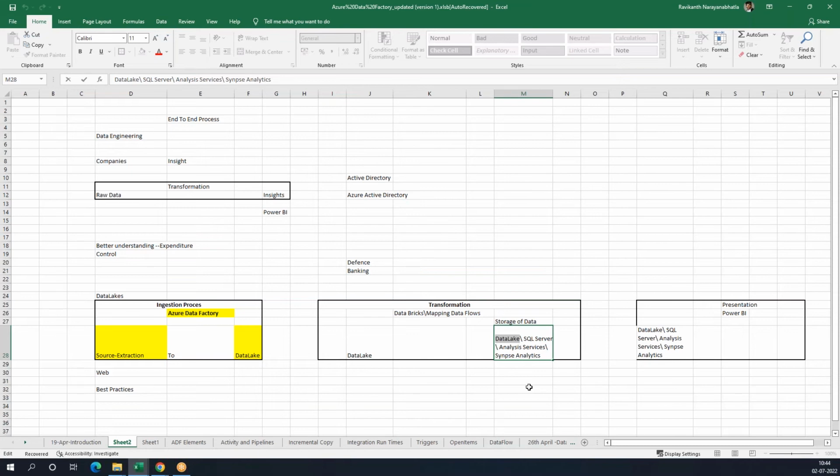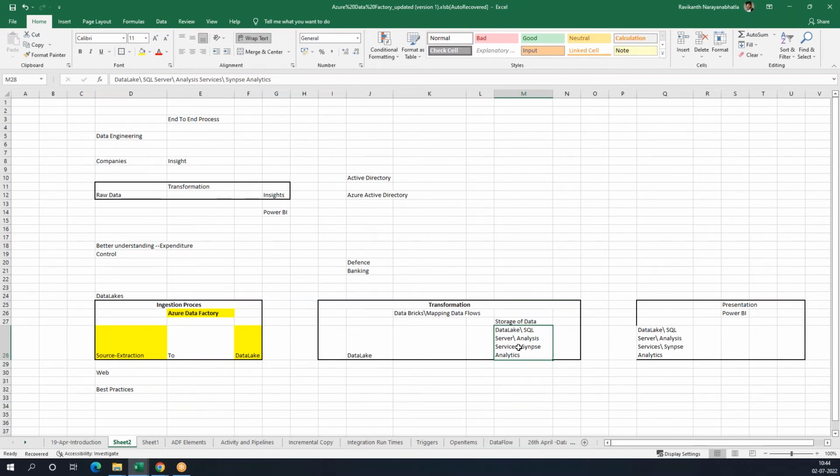In Azure Blob itself, we have something called V1 and V2. V1 was the earlier version. V2 is the one which actually supports the hierarchical namespace.